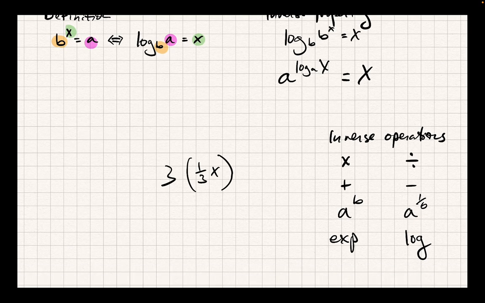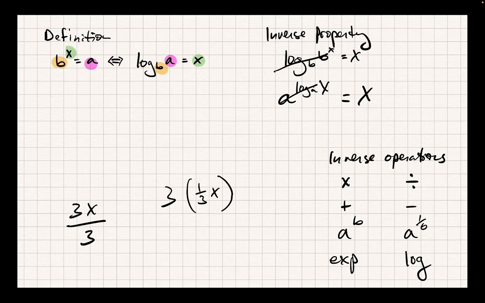This is like multiplying first and dividing second compared to multiplying second and dividing first. The order doesn't matter. They're inverses. So a to the log base a of x is going to give you x. Log base b of b to the x is going to cancel. They're inverse properties.